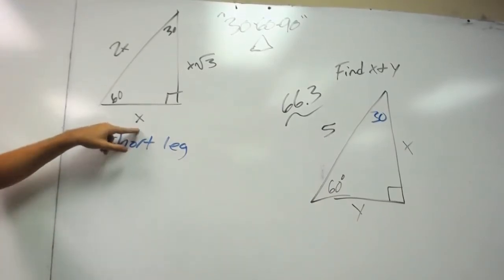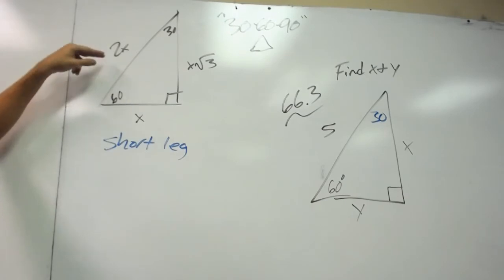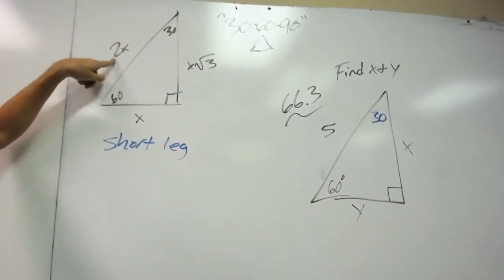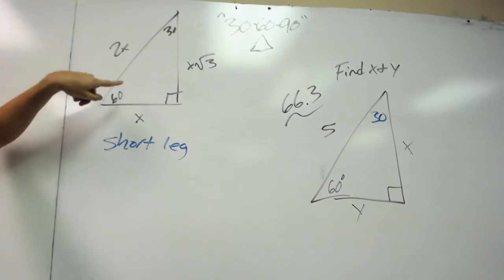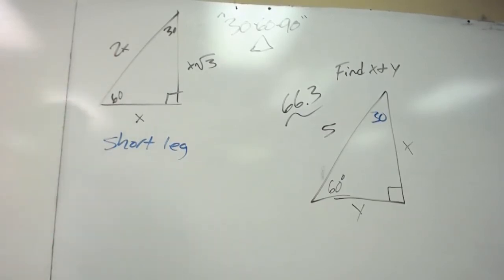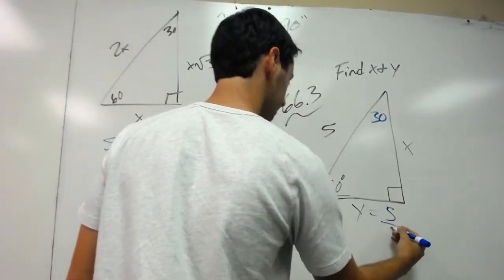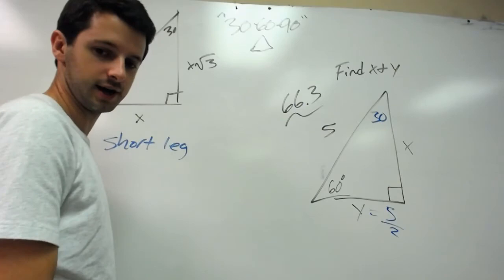To get from the short leg to the hypotenuse, we multiplied by 2. So to get from the hypotenuse to the short leg, we do the opposite. We divide by 2. So 5 divided by 2 equals y.